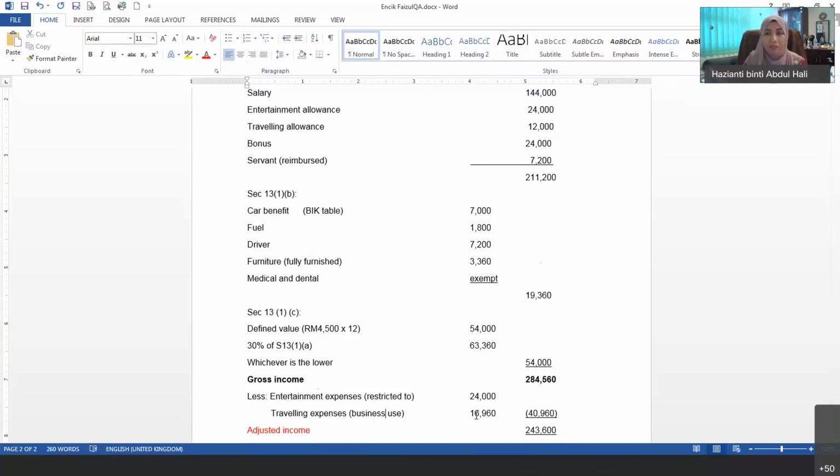Personal expenses cannot be included in the employment income calculation. But for traveling expenses here, he has 16,960 on traveling to meet companies, clients. That is for business use. So for business use, still we can deduct, right? We cannot deduct personal use expenses, personal expenses here.